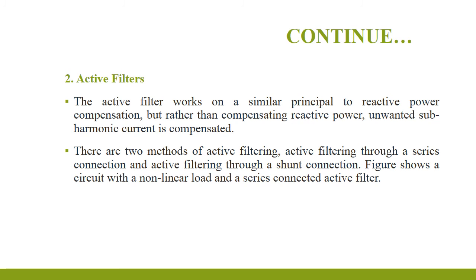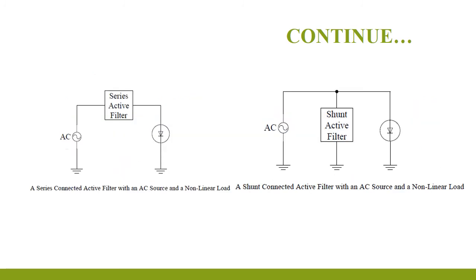Figures show a circuit with a non-linear load and a series connected active filter. So here I have two circuits. The first one describes a series connected active filter with an AC source and a non-linear load, while the second picture shows a shunt connected active filter with an AC source and a non-linear load.